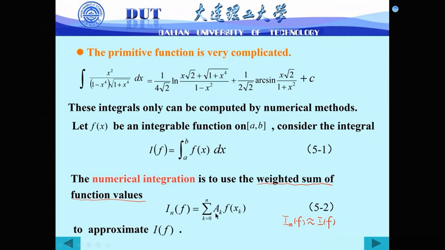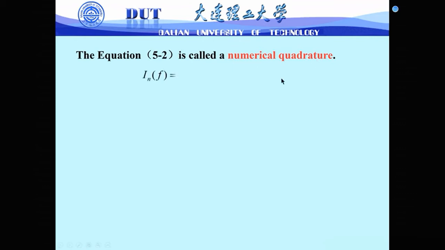These coefficients are also called weights. The equation we call a numerical quadrature. Quadrature means the one-dimensional case; for the two-dimensional case it is cubature. Of course, in our course, I only introduce the numerical quadrature for the one-dimensional case.